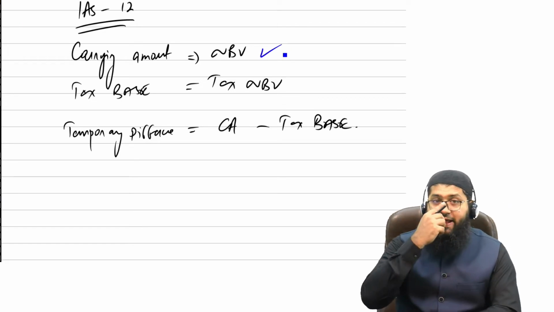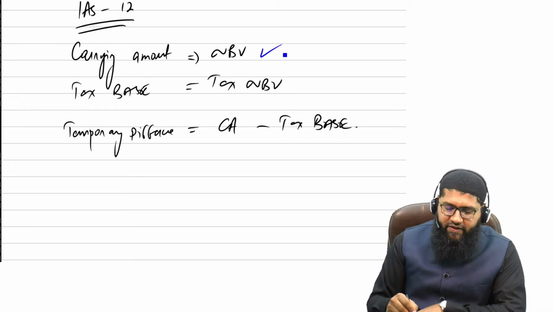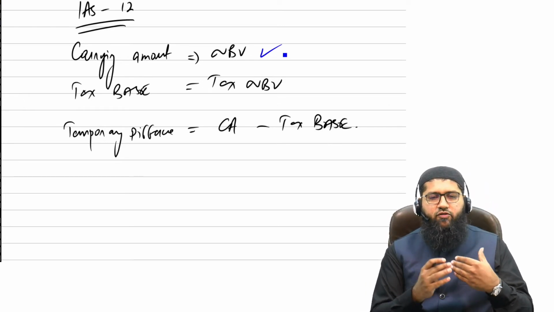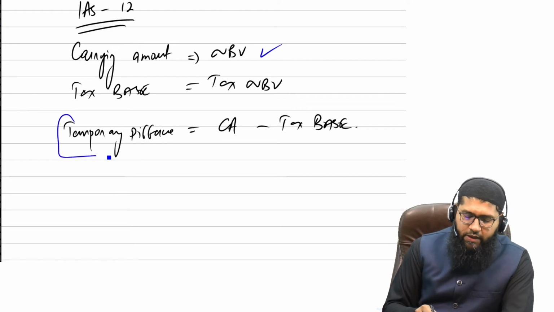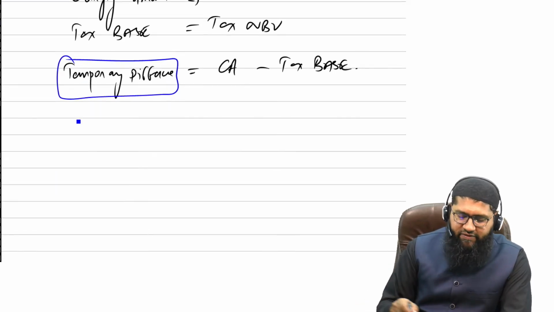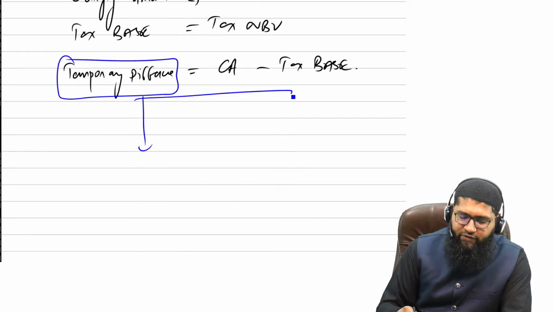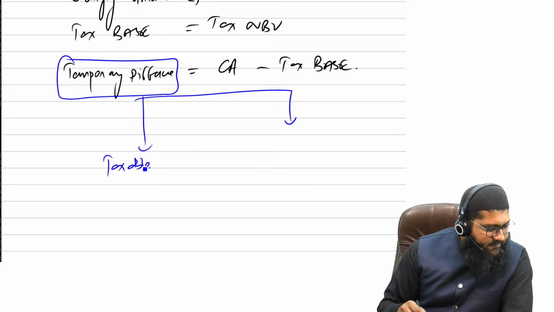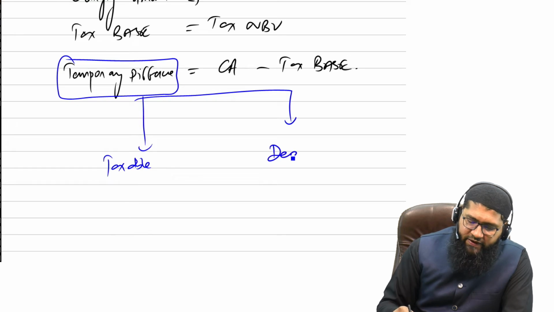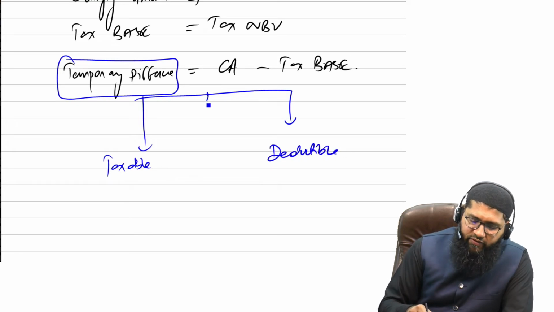There's a tax base, which is the tax net book value. Then there is the temporary difference, which is the difference between the carrying amount and the tax base. These temporary differences are classified into two types: taxable temporary differences and deductible temporary differences.